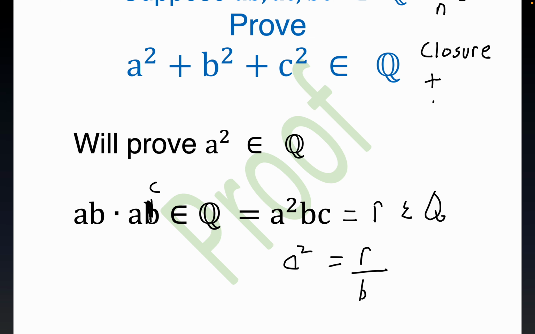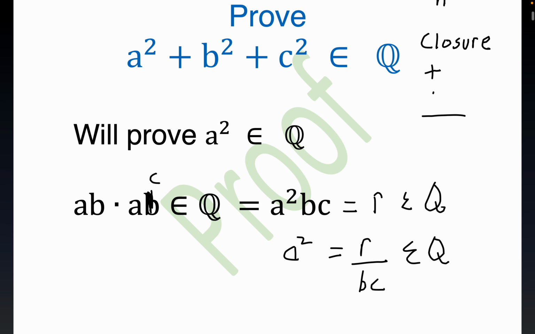Now, I should have mentioned division also. We'll use this symbol for division. When you divide two rational numbers, you get another rational number, right? So that's simple enough. It's a nice little proof, and essentially based on the closure properties of the rational numbers.